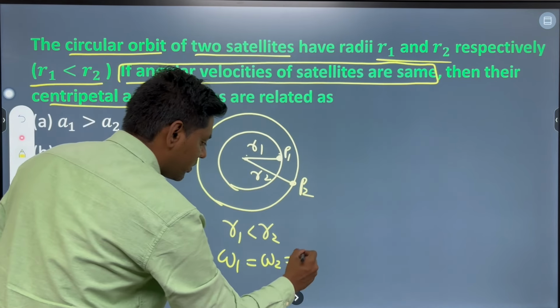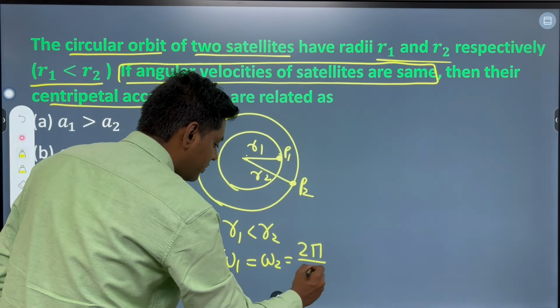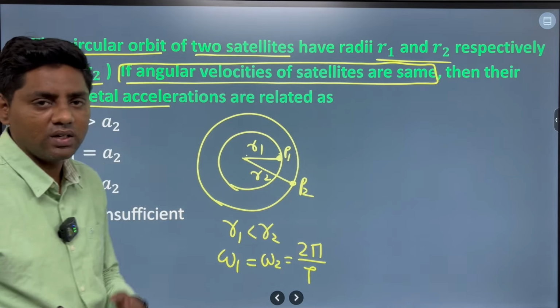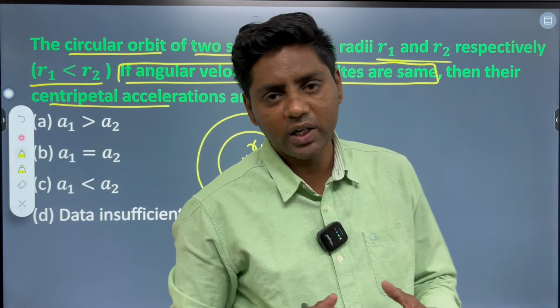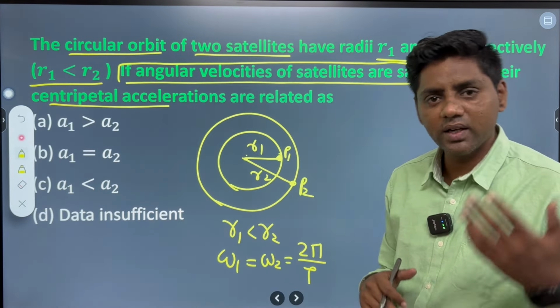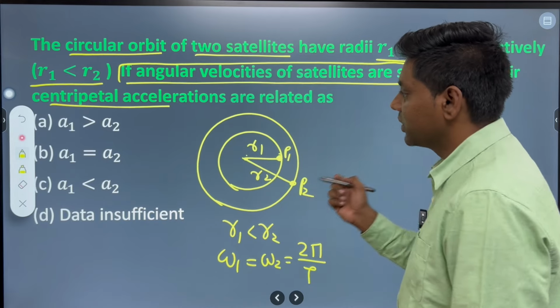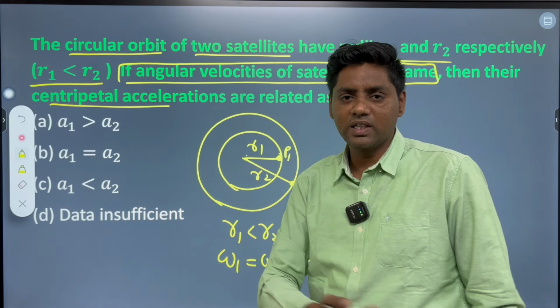The formula of omega is 2 pi divided by T, means उसका time period same है. So उसकी angular velocity same रहेगी.